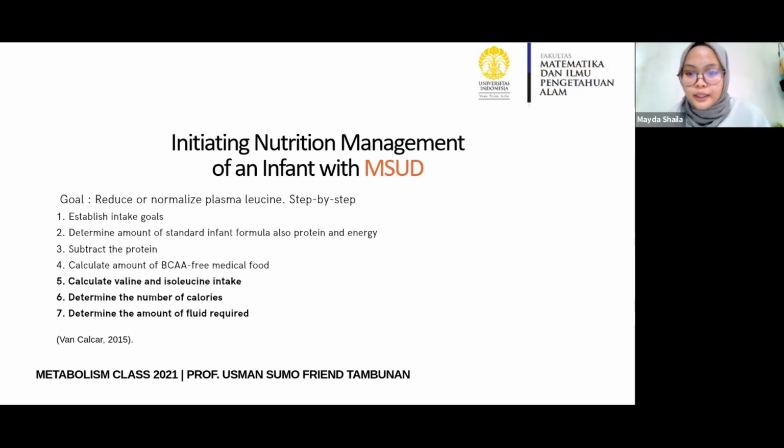The third step is to subtract the protein, then calculate the amount of BCAA-free medical food, then calculate valine and isoleucine intake, and determine the number of calories and the amount of fluid required. This is based on Van Calcar 2015.